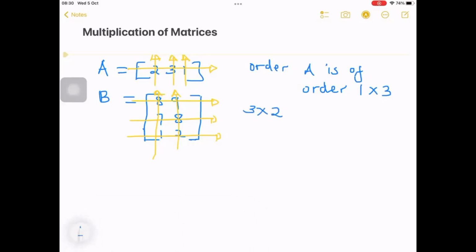Now, how do we know if A and B can be multiplied? As I mentioned, the order of the matrices is of key importance.